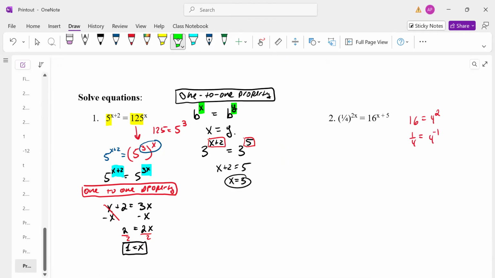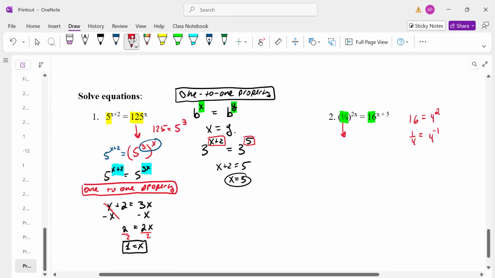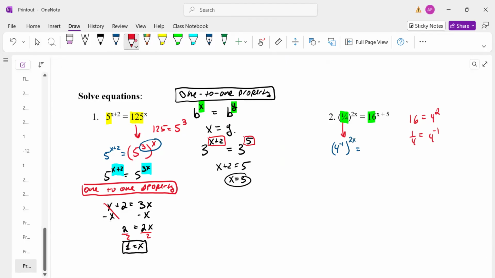So in this case, we can change both of our bases. We can change 1/4 as 4 to the power negative 1, and then it's to the power 2x. And then we can change our 16 as 4 squared, and then we have x plus 5 on the outside.